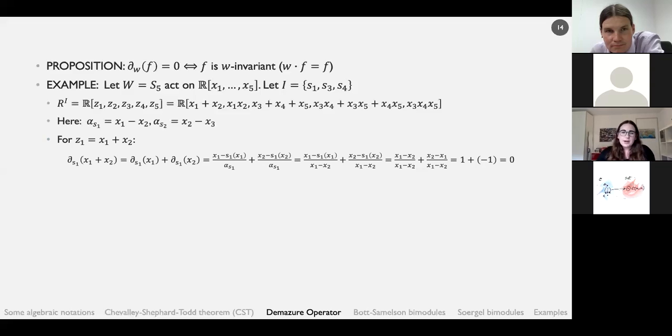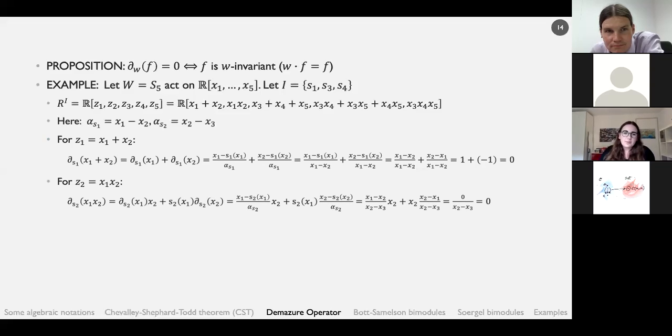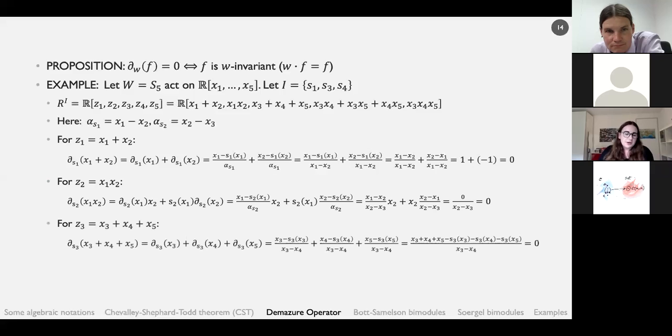Here I've just written down the computations for Z2 and Z3, it works more or less in the same way. For Z2, we need to use the twisted Leibniz rule and then get the same fact because the terms cancel each other out. And also for Z3 it's the same, but now we have three variables, but it basically works in exactly the same way.